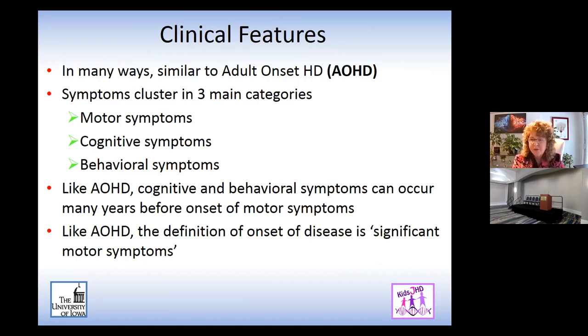This absolutely happens with adult onset, and it's absolutely true for the children. It's something I'll talk about in a little bit when we discuss the diagnostic challenge. Once again, the definition of onset of disease is motor. So there can be cognitive and behavioral changes long before the motor. Not always; sometimes the motor can be the first thing.